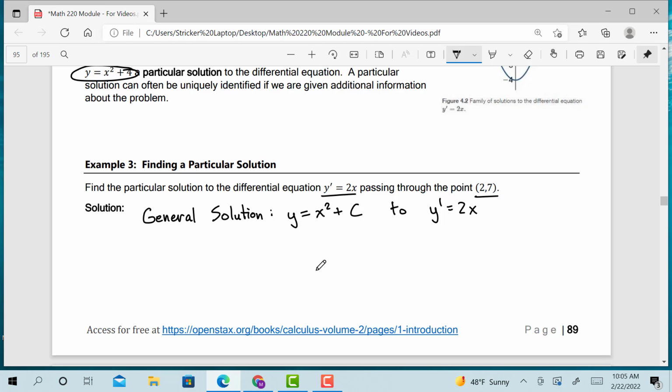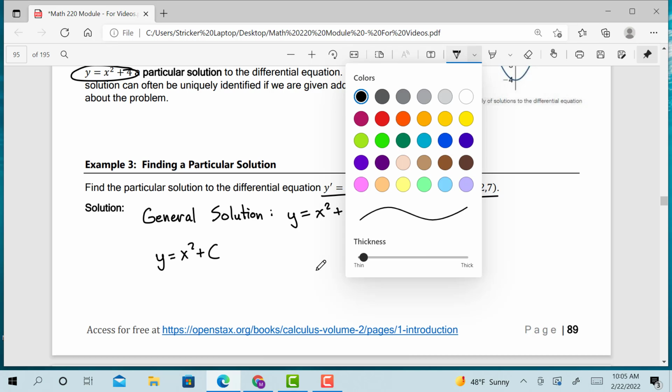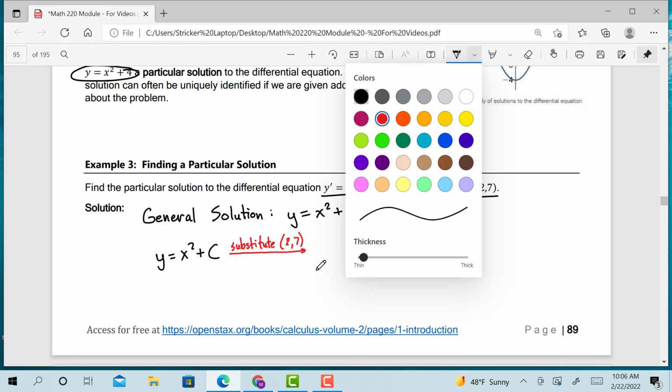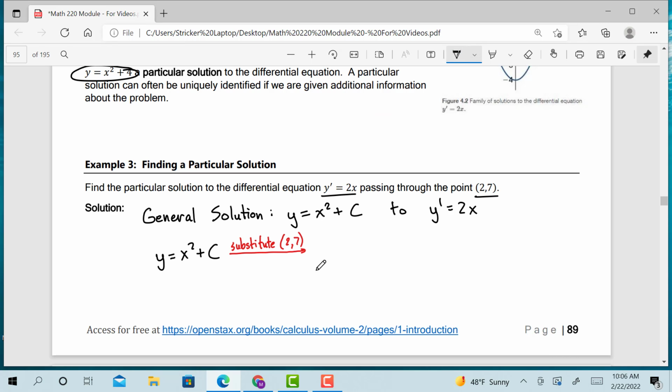We substitute that point (2, 7), so x equals 2 and y equals 7.